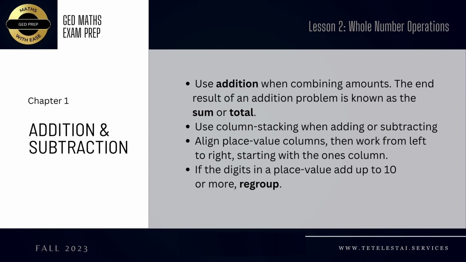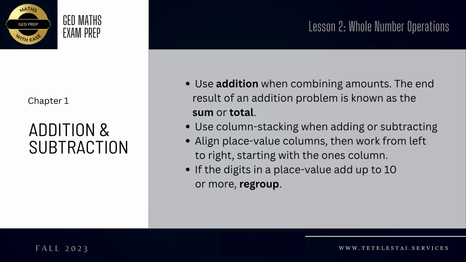And then once you've lined up your place value columns, you want to start working from right to left, starting with the ones column and then moving to hundreds, until you get to the end of however large the number that you have been given, right?